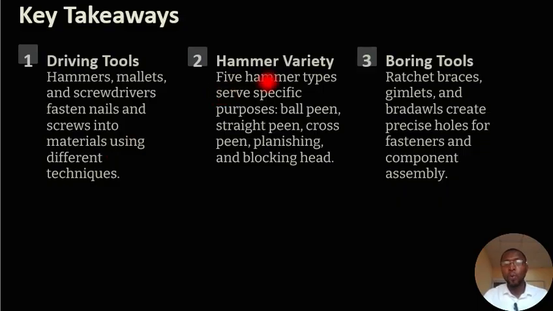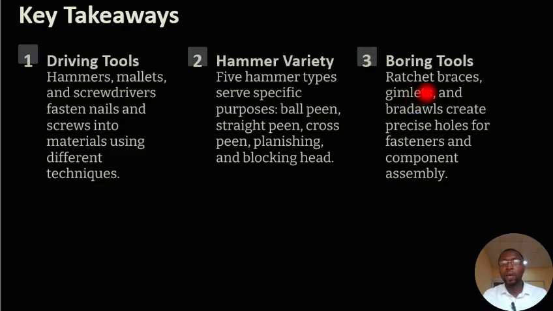Second takeaway is that we have varieties of hammer. We mentioned the 5 types of hammer based on their purposes. So we have the ball peen hammer, the straight pein, the cross pein hammer, the planishing hammer, and the blocking head hammer.